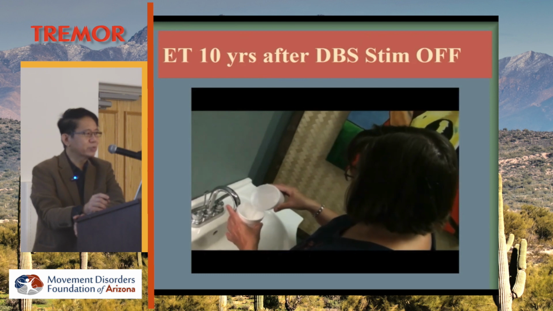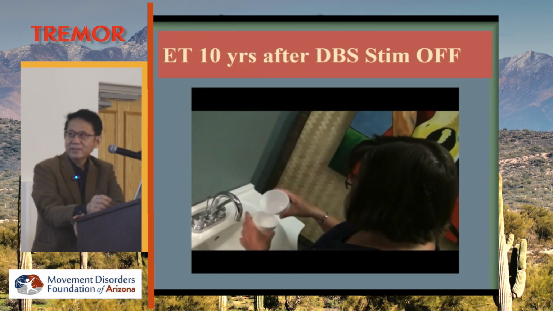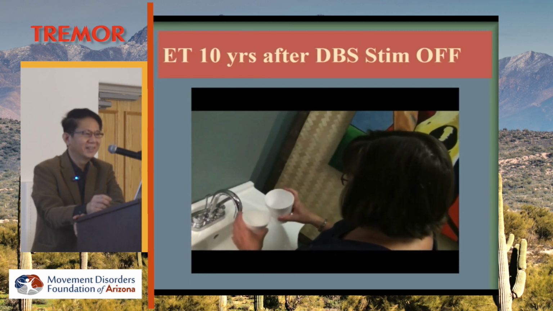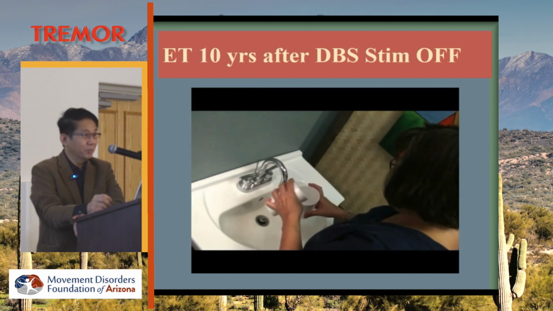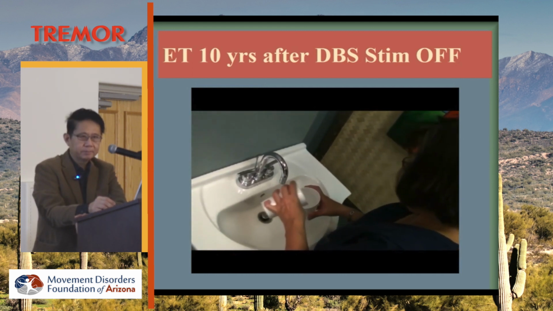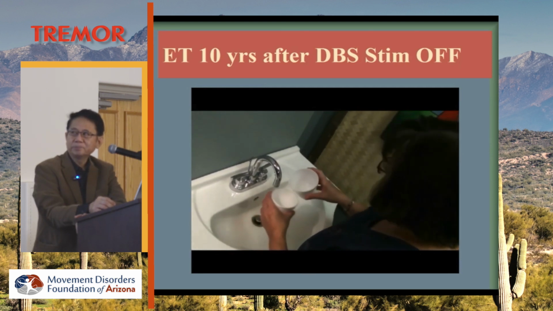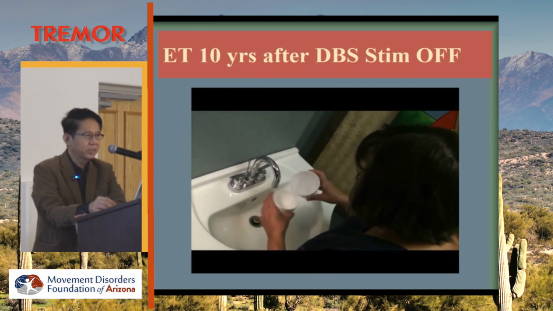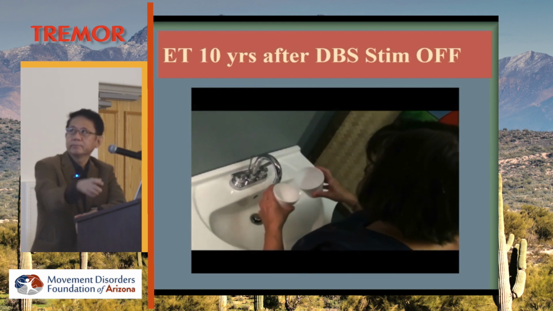And many patients, when they switch off their stimulator after DBS, they kind of see just how bad their tremors are. And then we kind of say, okay, if you didn't have DBS, this is how you would be at this point. It's very remarkable. So very few patients develop a tolerance to deep brain stimulation. Some of those that develop a tolerance are those with the Holmes type of tremor, which I just showed you a while ago.